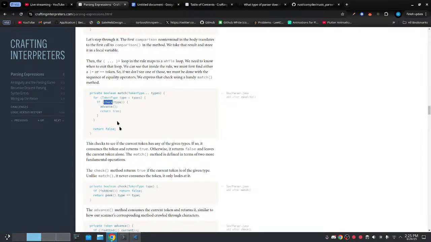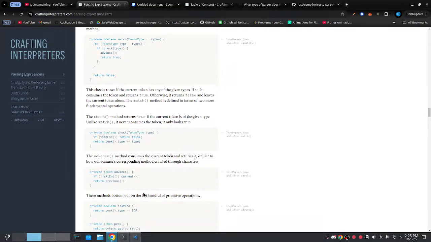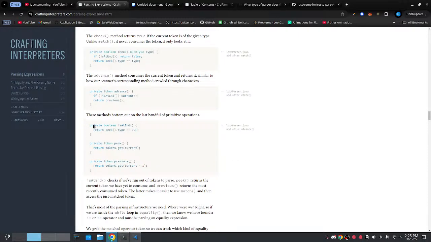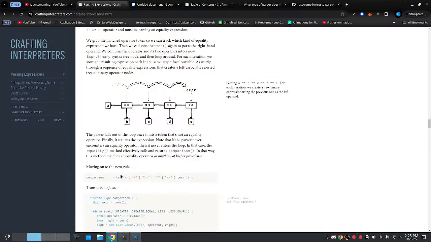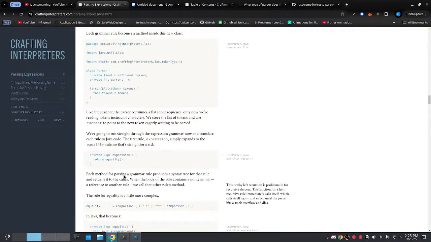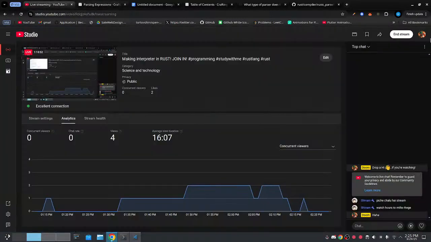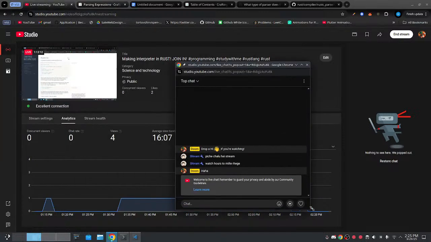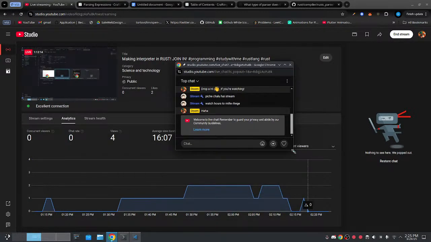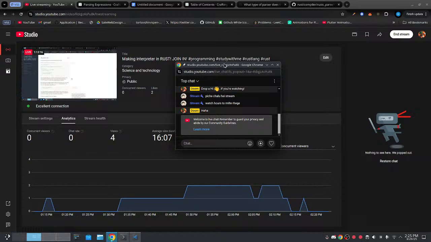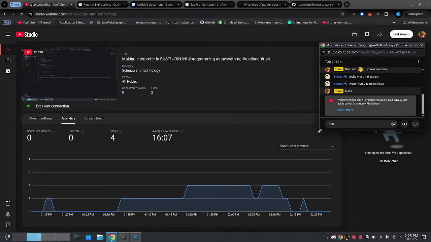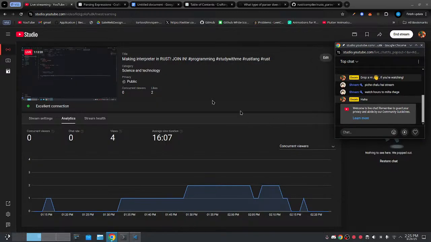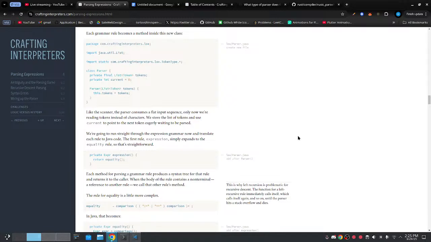Check would be here, peek dot type. Okay, there are a lot of functions that we need to make, but I guess this is only for the one time that we have to make it. Then the rest we can just reuse the same functions. This is similar to what we did while writing an interpreter.